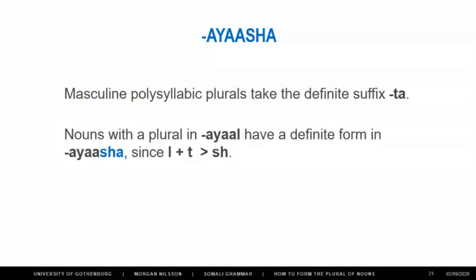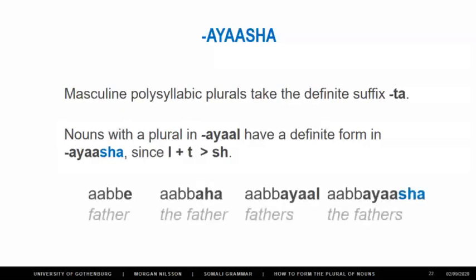So these nouns end in ayasha in the definite plural. For example, abe, abaha, the father, has the plural abayal with three syllables, and the definite abayasha, the fathers. So every masculine noun that has the plural suffix ayal will have the definite ayasha.